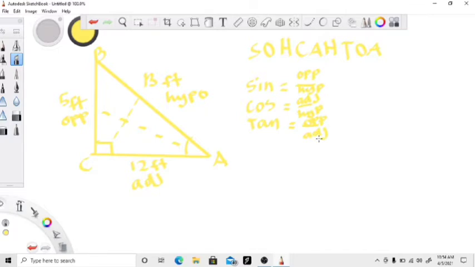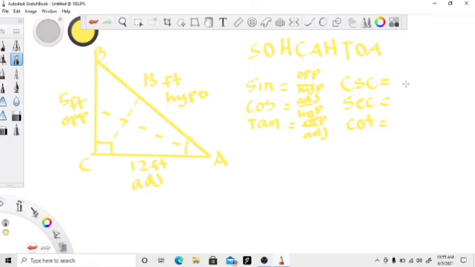Now for the last 3, we have cosecant, secant, and cotangent, which are CSC, SEC, COT. How does the opposite work?